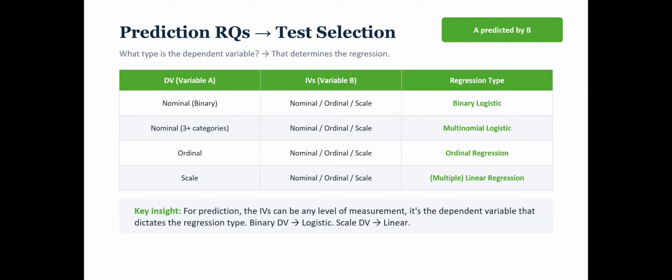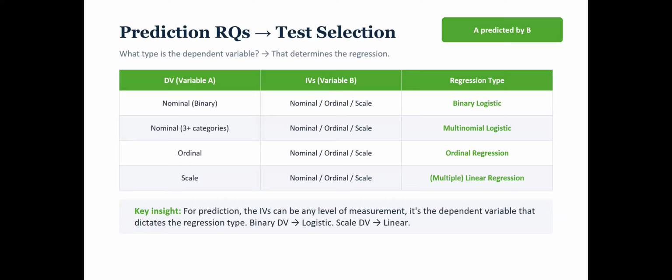And the last bucket of statistical tests is really all in regression land. Here you'll notice that in that middle column, it doesn't matter what the independent variables are. By the way, they're also called independent variables or predictor variables. It doesn't matter what they are or how many there are. The type of regression test in that third column is driven by the dependent variable, or the outcome variable, in that first column.